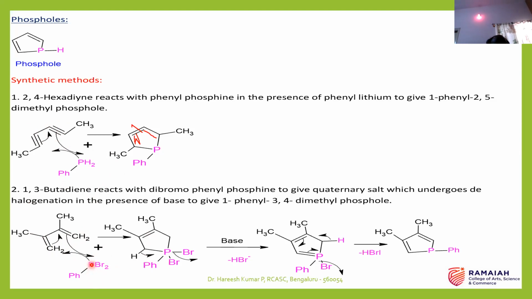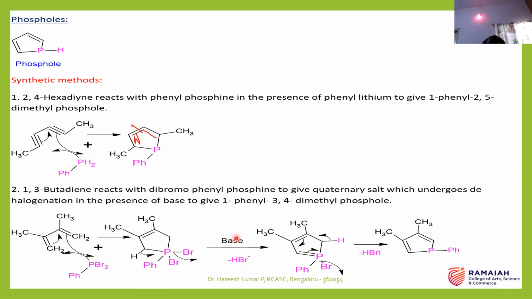The lone pair present on the phosphorus can attack here, and this bond pair can go over there, and this bond pair can come over here, and Br will go out. So that is how an intermediate is formed like this. Later on, this bond pair can come over here, and this will go out as HBr. So dehydrohalogenation occurs in the presence of a base.